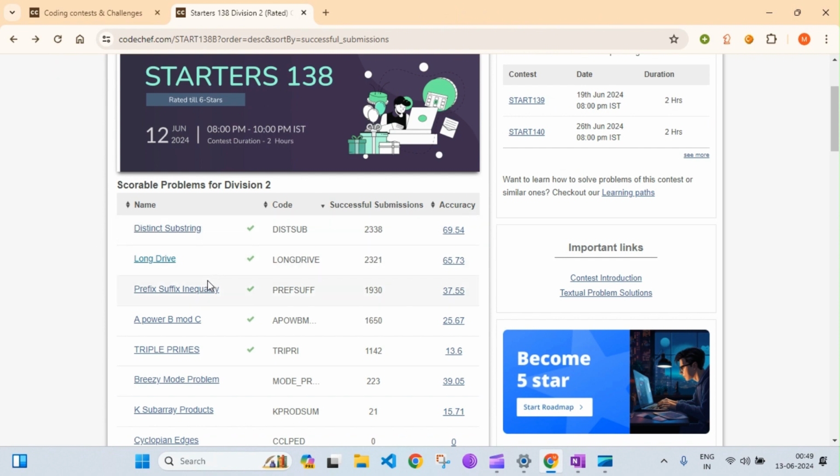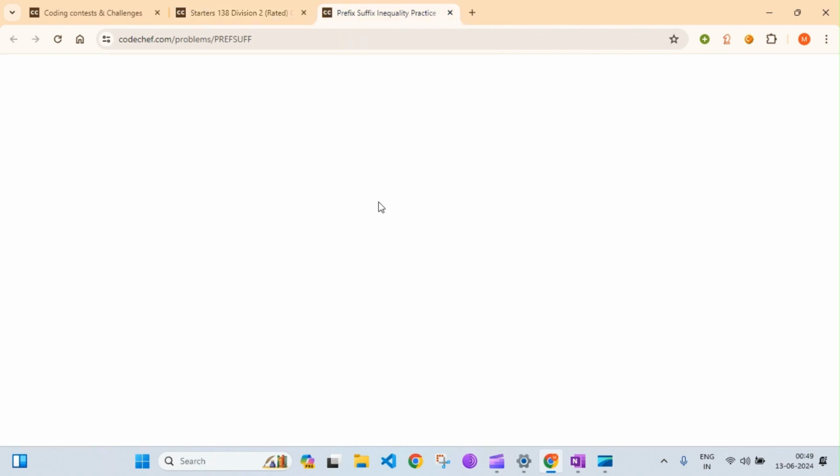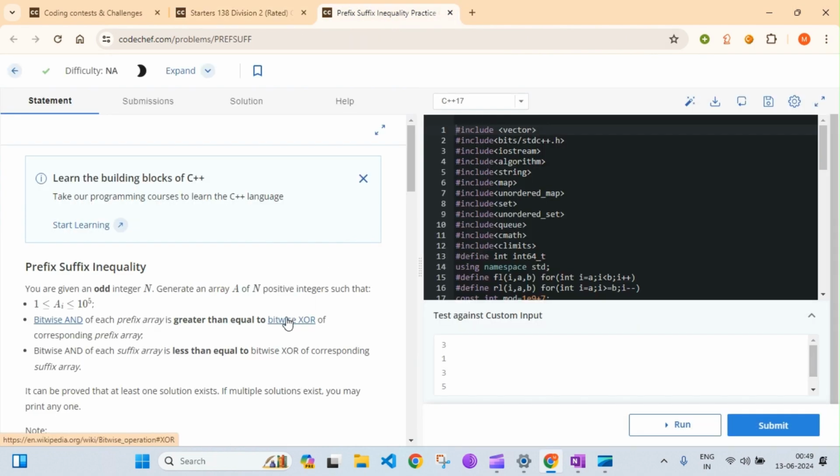Let's go for the third one. This was pretty interesting. It took me around 15 to 20 minutes to solve this one.